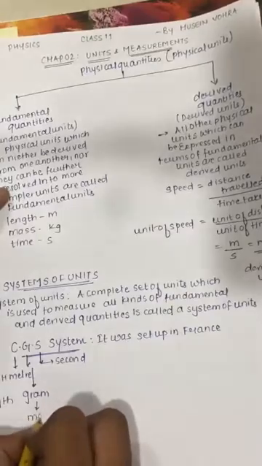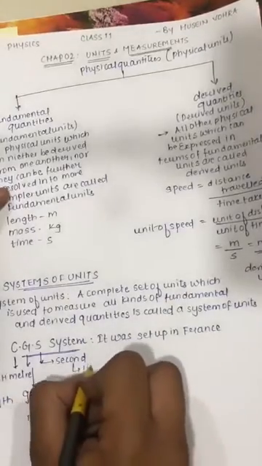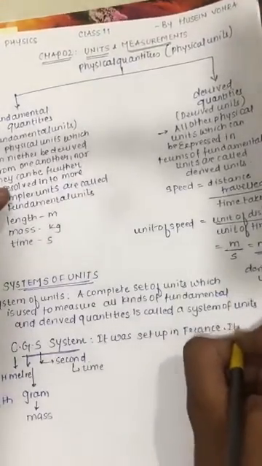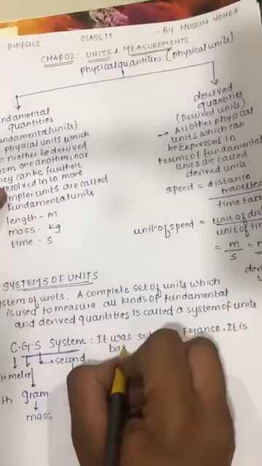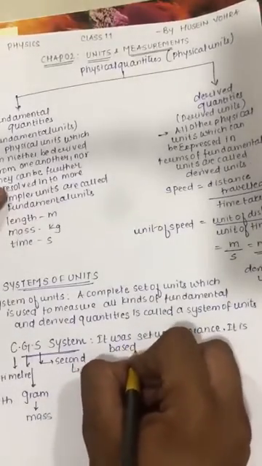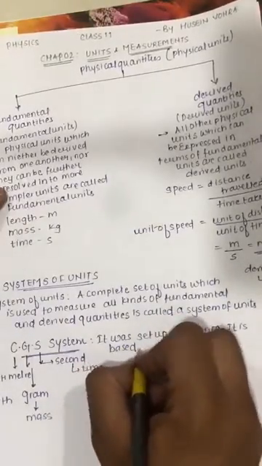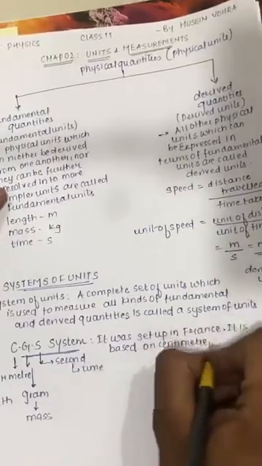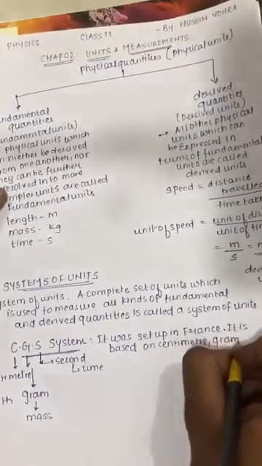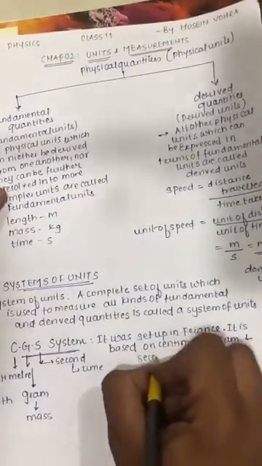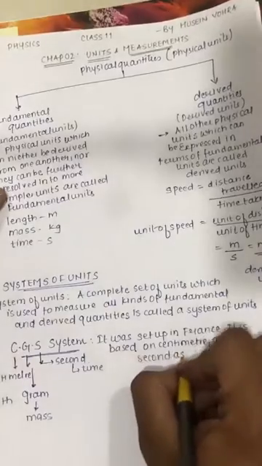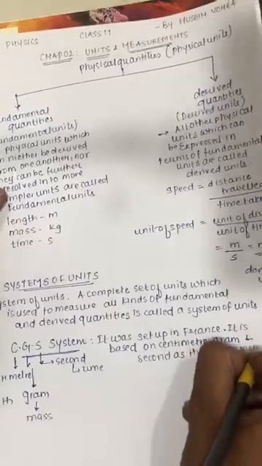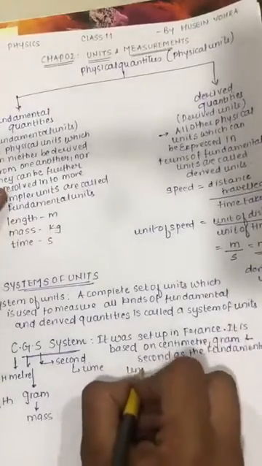Gram is mass, and second is time. It is based on centimeter, gram, and second as the fundamental units of which three quantities?